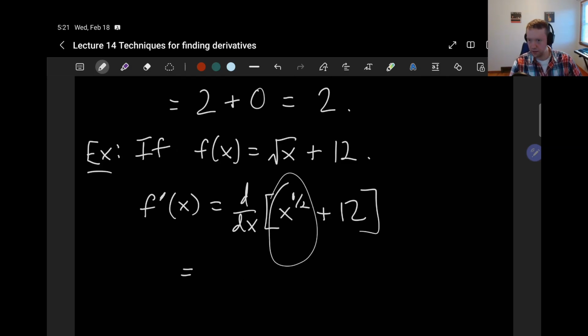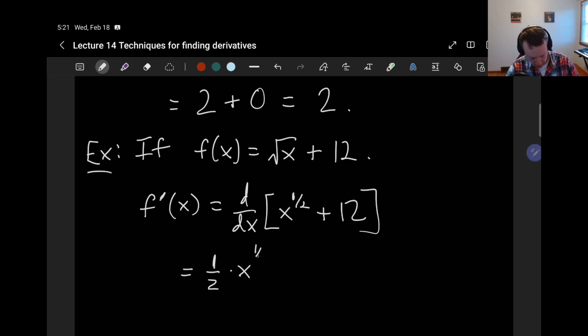So this rational exponent notation for the square root is useful because power rule works on it. So bring the 1/2 down times x to the 1/2 minus 1 power, and then plus 0 for the 12 part.